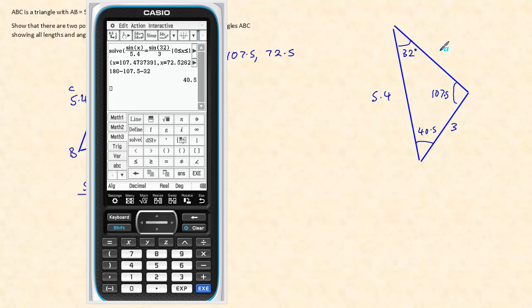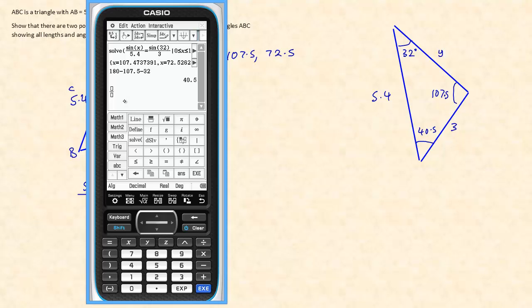and then we can work out this side here, again using the sine rule. So if we just call this one y, then we can use that. On here I'll put it in as x, so let's just get rid of that for a second.